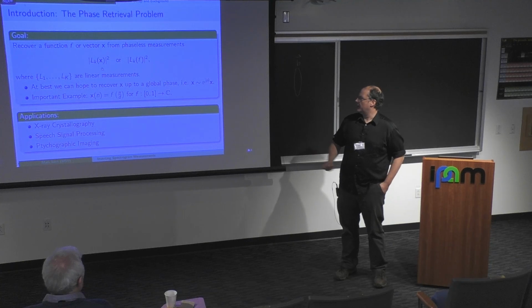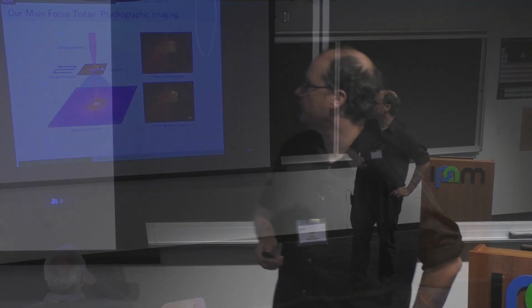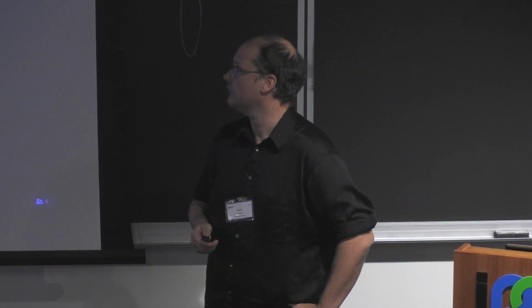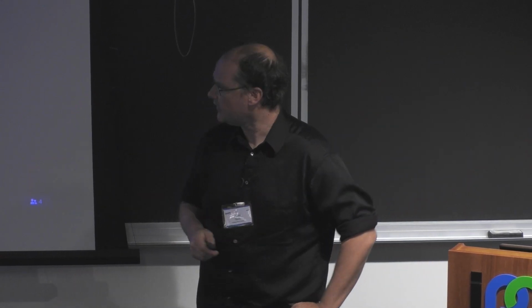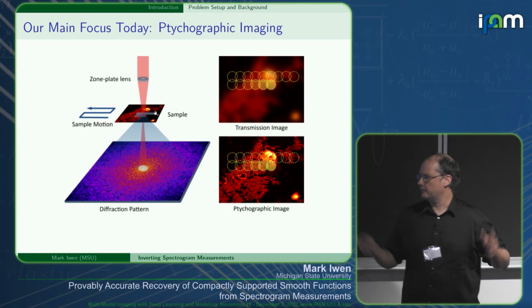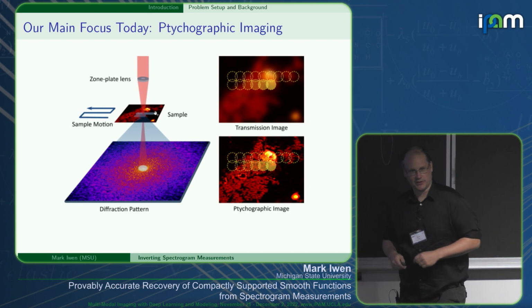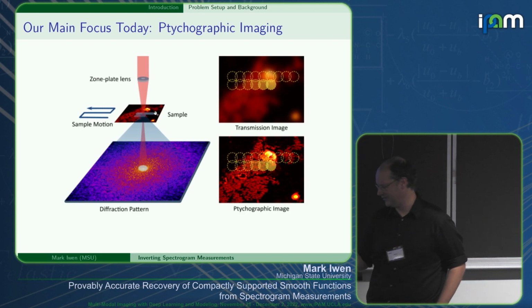But maybe for this audience, the most interesting related application is going to be ptychography. So let me burn this image into the back of your retina because it'll make it easier to understand why I'm thinking about the mess that you're about to see after this, I hope.